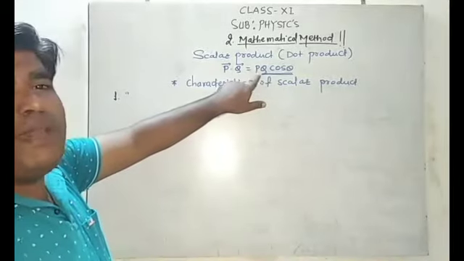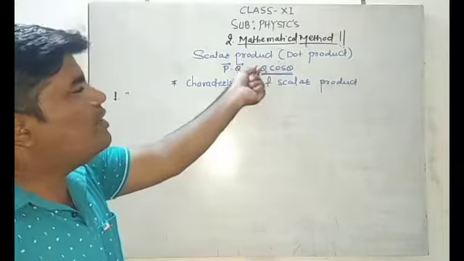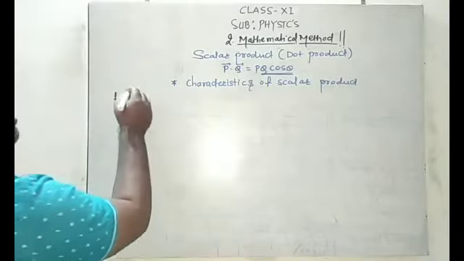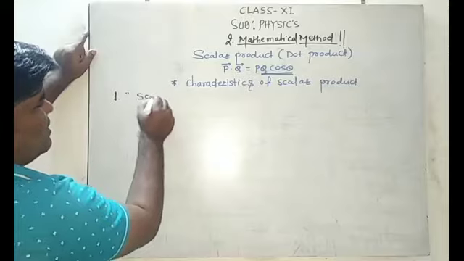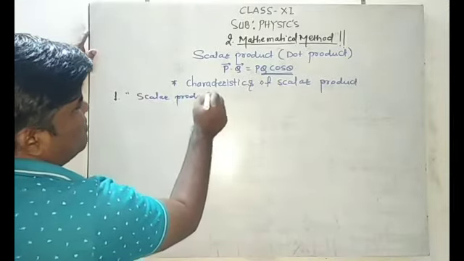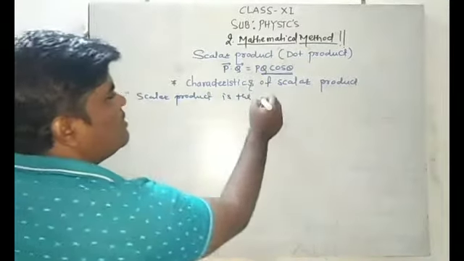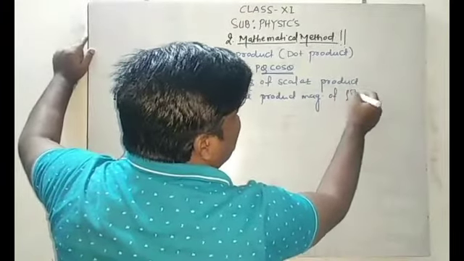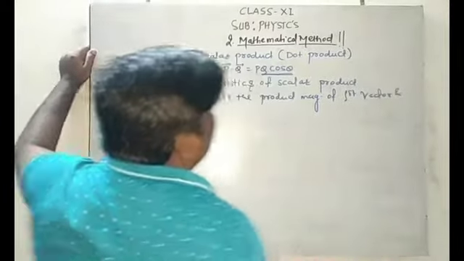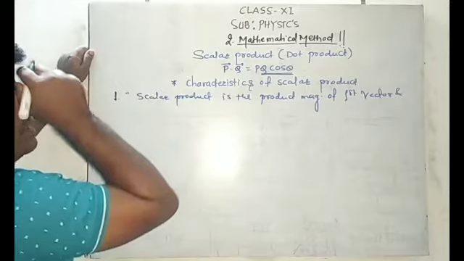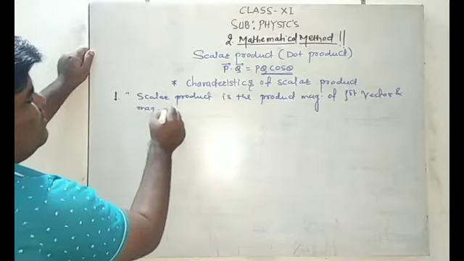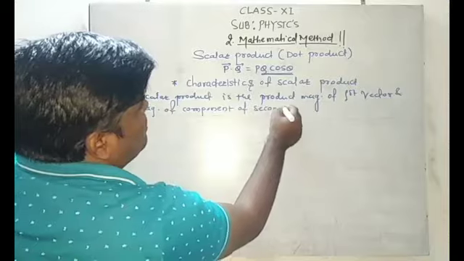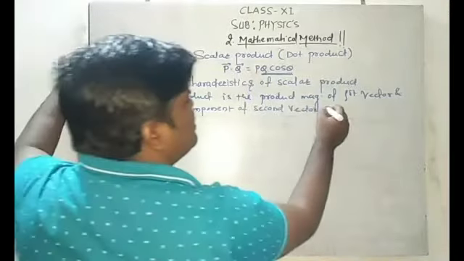It is the product of the magnitude of the first vector and the component of the second vector in the direction of the first. So the first characteristic: the scalar product is the product of the magnitude of the first vector and the magnitude of the component of the second vector in the direction of the first.